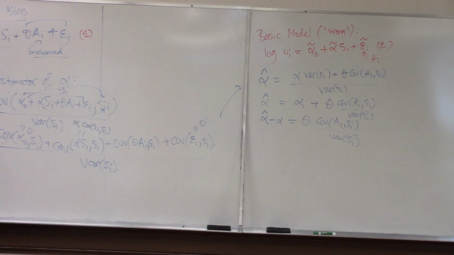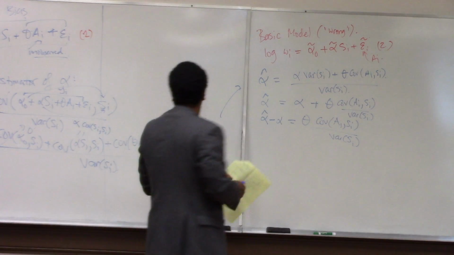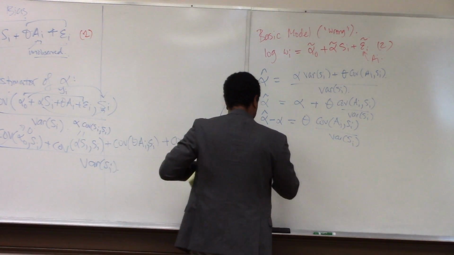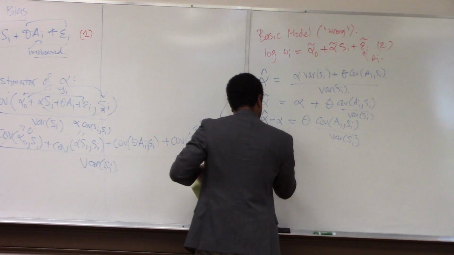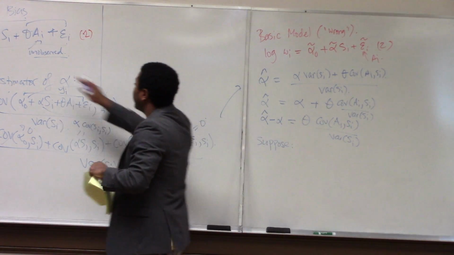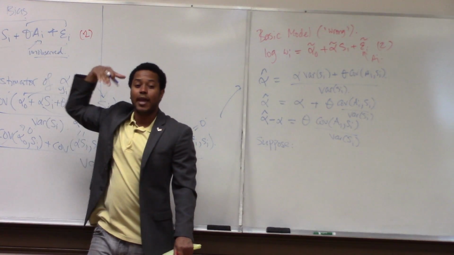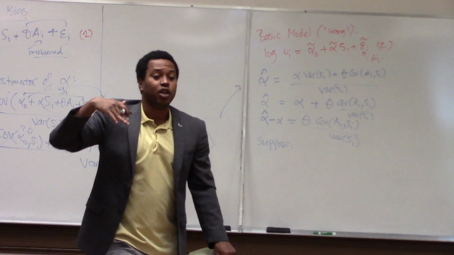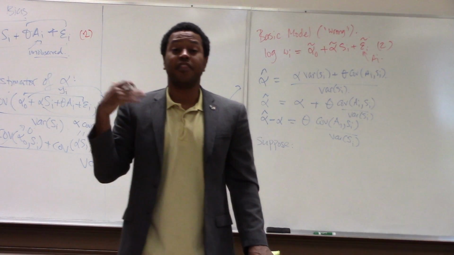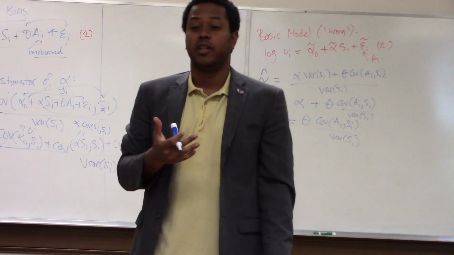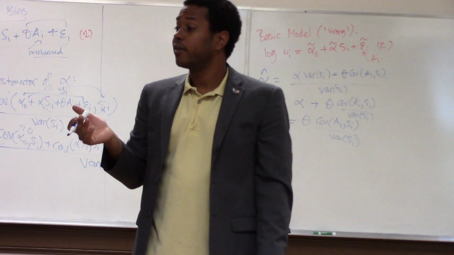So, in particular, let's suppose, I remember what this alpha is saying. This alpha is telling us, do people with higher ability get more wages or do they get less wages? So for example, if theta is positive, then that tells us that folks who have higher ability, on average, are going to earn more money.